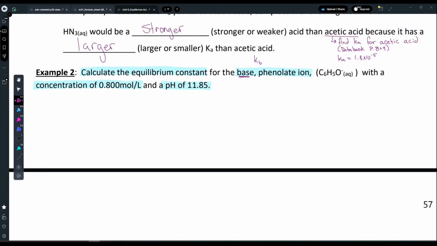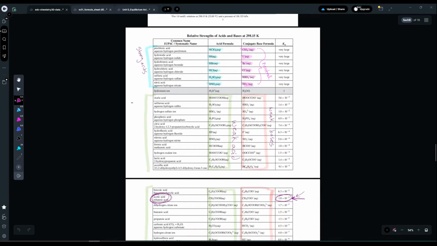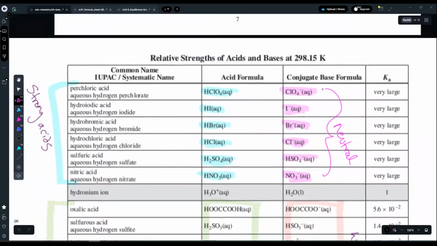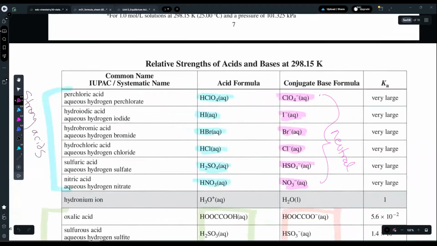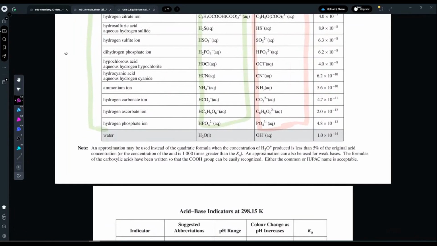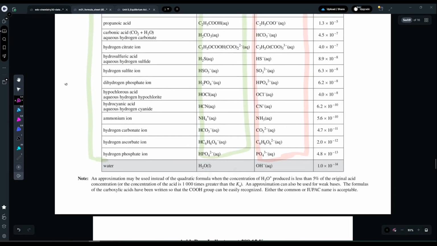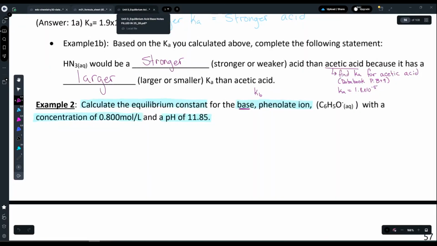So how we know for sure that it's a weak base, even though you're not going to find it anywhere on this table, the main idea is that if it's not one of your strong acids, or if it's not one of your strong bases, so a strong base for the context of this course would just be a hydroxide ion paired with a metal ion, then you're going to qualify it as either a weak acid or a weak base. Okay, so in this case, because we're told it's a base, we're going to call it a weak base.